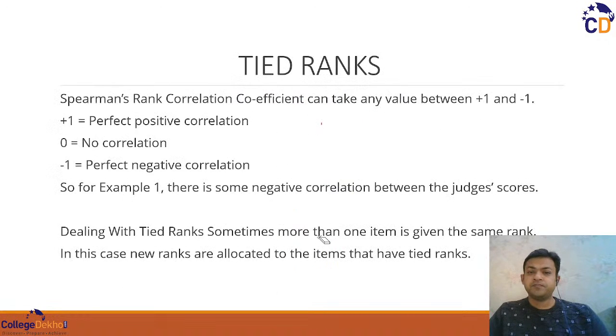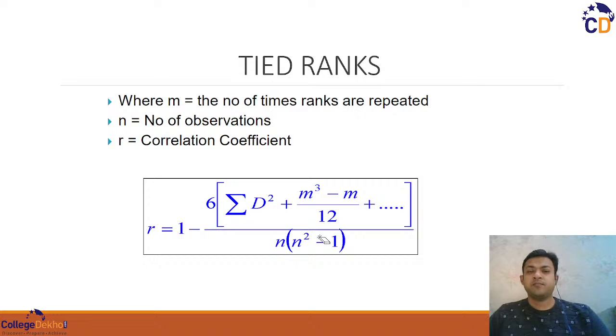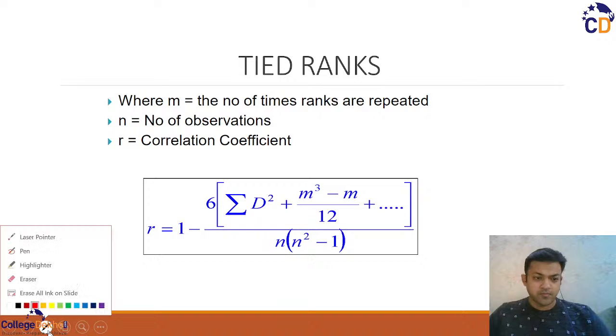Now let us come to the case of tied ranks. The formula for tied ranks is: rank correlation R is equal to 1 minus 6 times, within box brackets, summation of d square plus m cube minus m divided by 12, where we keep on adding for all the tied cases, the entire thing divided over n times n square minus 1.